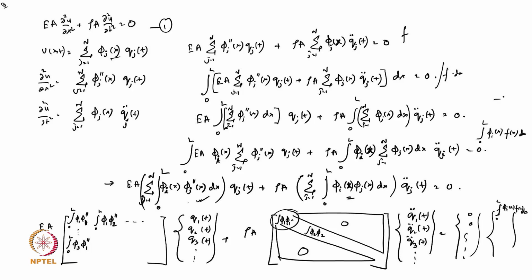But you need to remember that the choice of phi is the most critical thing, because that is what you are assuming, and that is the primary basis of finding your mass matrix and stiffness matrix.